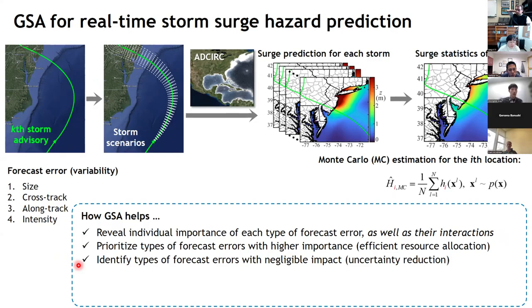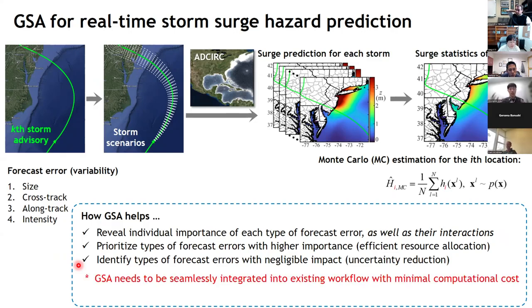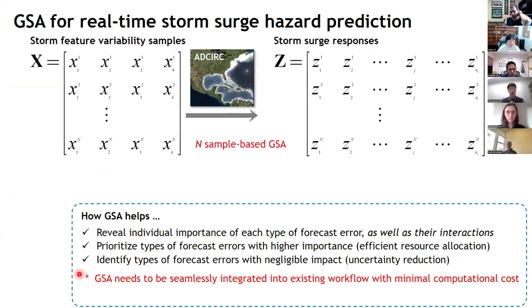What I would like to highlight here is that for this workflow, which is already computationally intensive, we want an efficient GSA approach that can be seamlessly integrated into this existing workflow with minimal computational costs. In other words, we want to leverage readily available storm simulation results that were used for hazard estimation to perform this GSA.